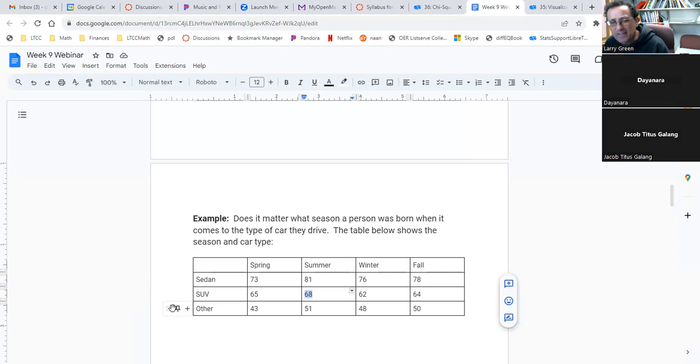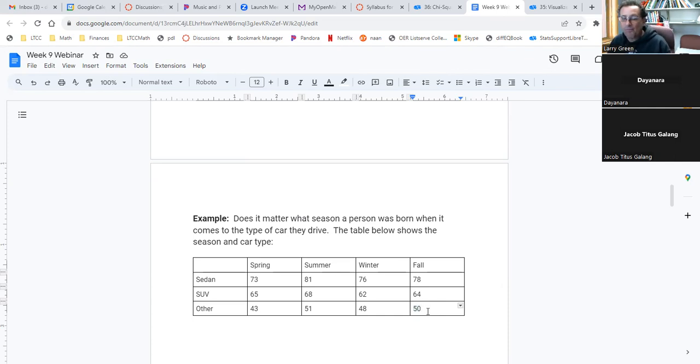It meant that 62 of the people surveyed were born in the summer and drive an SUV. Do you see how that works? It's important to understand what these numbers mean. These are the counts of those who had both that row and column. So 50 would be born in the fall and drive something other than an SUV or sedan.